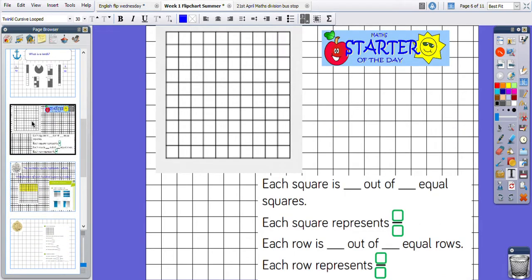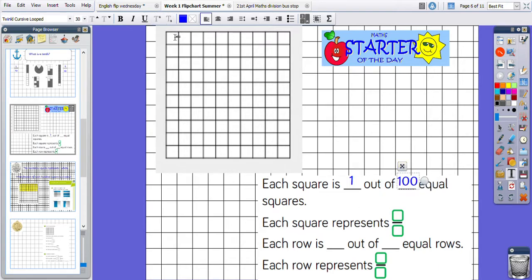Okay, so looking at hundredths then, this is a hundredths Dean square. So there are 100 small squares in this Dean square. Each square is 1 out of 100 equal squares.